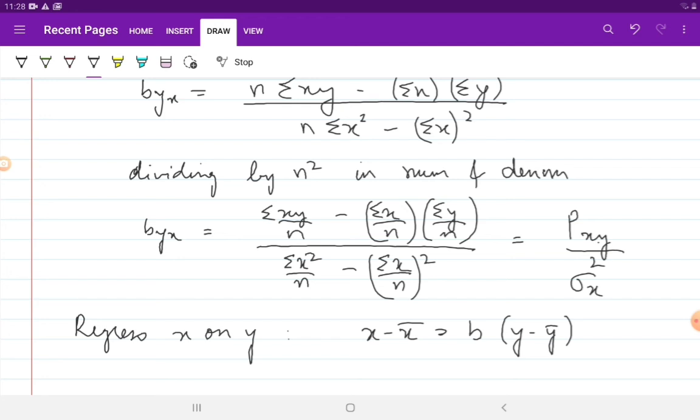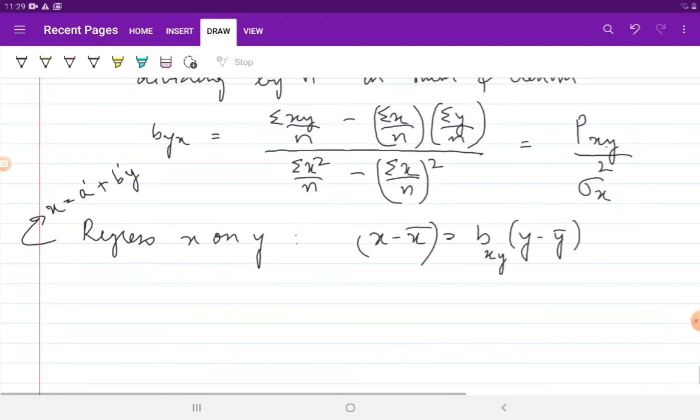B dash, or let me just call that the regression coefficient of x on y. X on y means my original equation was x is equal to a dash plus b dash y, right? So I can represent this as x minus x bar is equal to bxy, that is the regression coefficient of x on y, times y minus y bar.